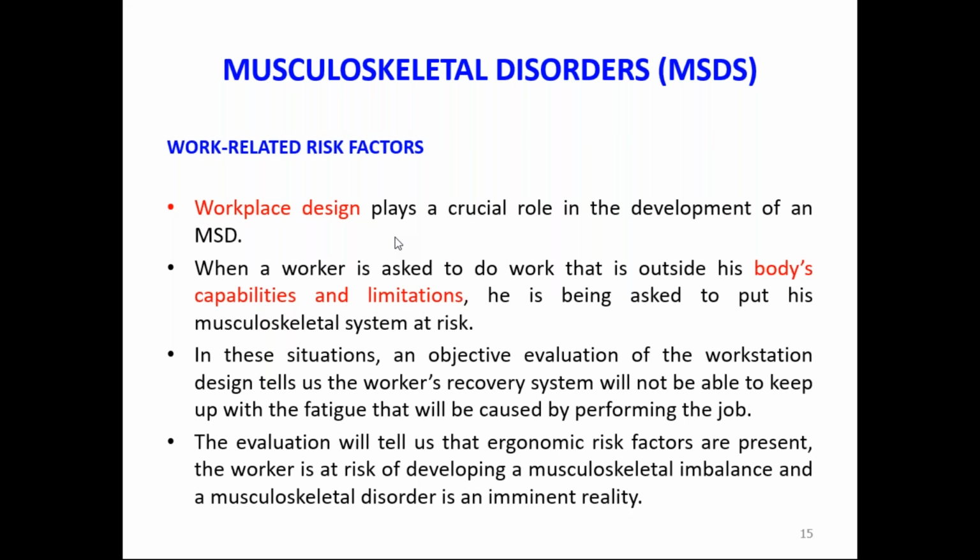For that purpose, we have to take care of the chair height, the table height, and the distance between the laptop or desktop and your body.